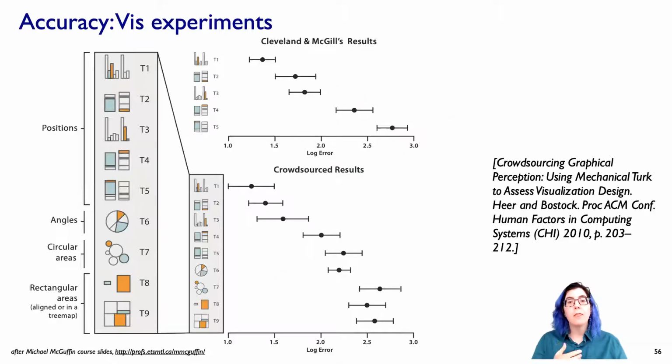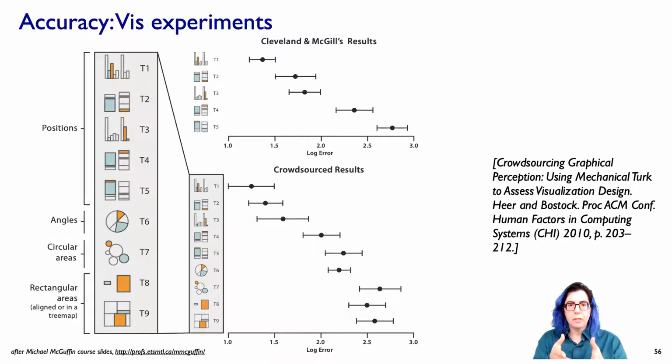But there's also more. There have been a lot of experiments, starting with some very influential early work from Cleveland and McGill in the 80s, who actually did measure people's response to different kinds of visual encodings, and then checked how much error there was in their ability to accurately decode what was being encoded through these visualizations.